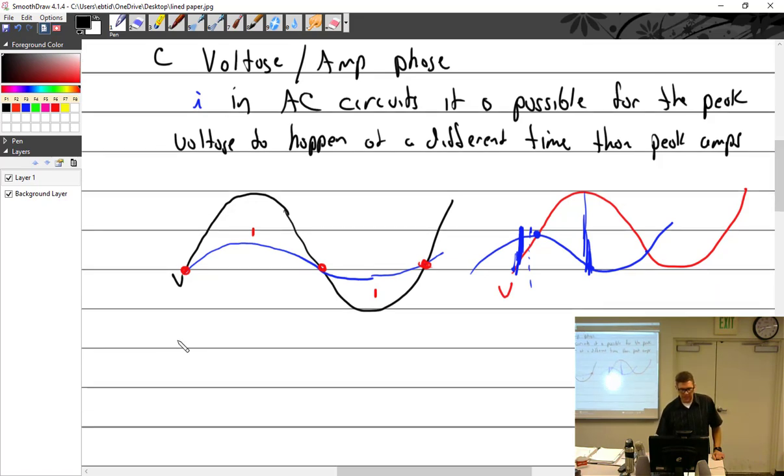If that is the case, then this is an out of phase circuit.